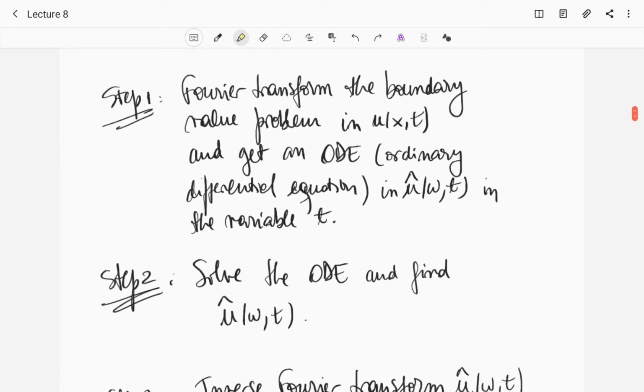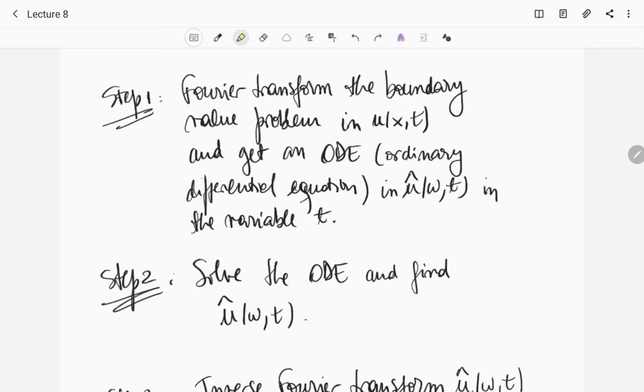So step 1, we Fourier transform the boundary value problem in u of x, t, and we get an ordinary differential equation in terms of this Fourier transform in omega, t, where the variable will be t.